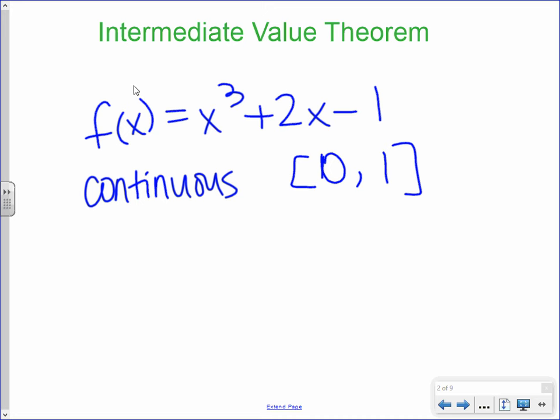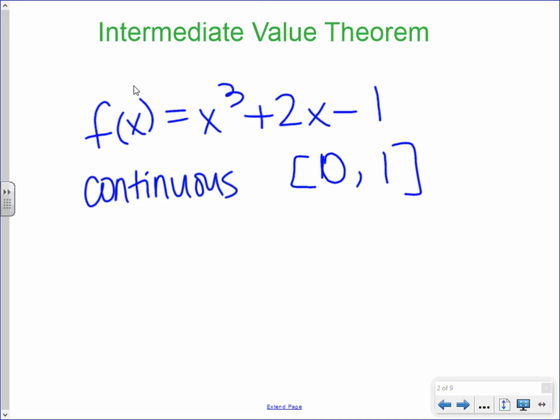Okay? The interval that we're worried about is 0 to 1. And then it's going to ask you to prove something, like prove that it hits this specific y value.